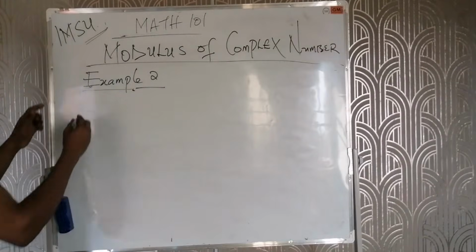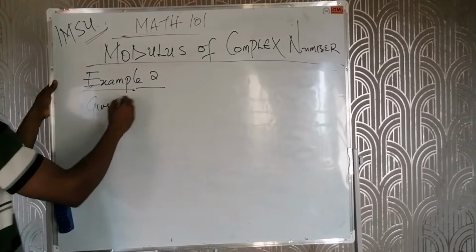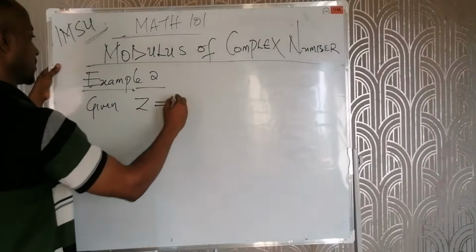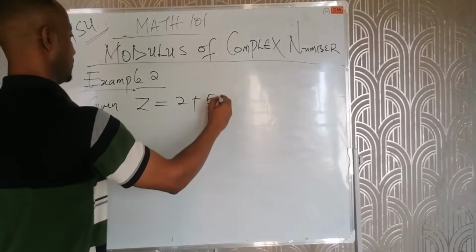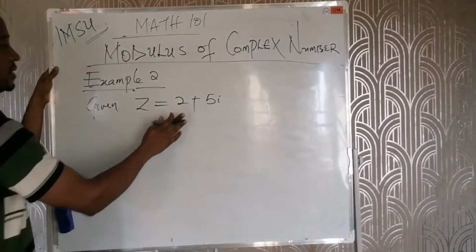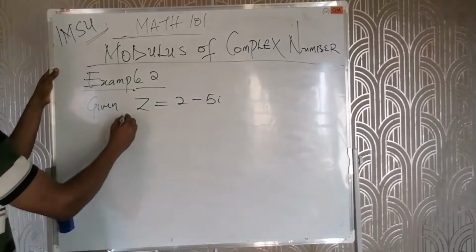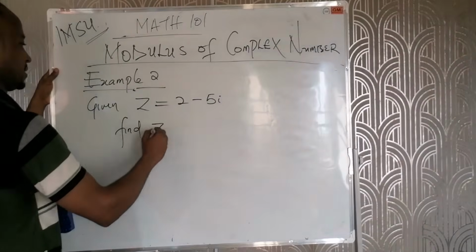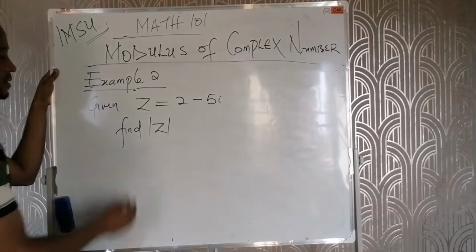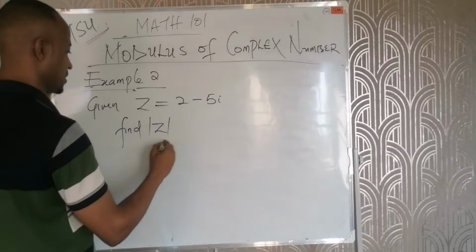Okay, if we are given that z equals 2 minus 5i, and we're asked to find the modulus of z. This is very simple, right?